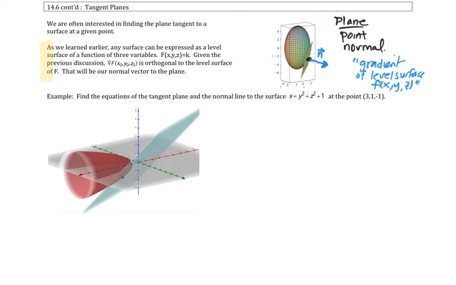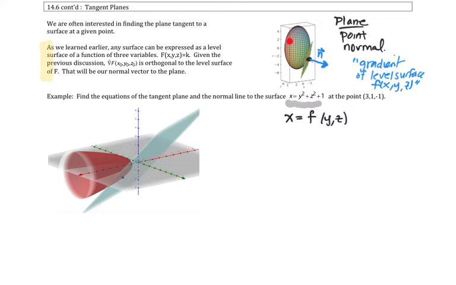Well, in this example here, for instance, this is really not a function of 3 variables. It's an equation in 3 variables, but it really is x as some function of y and z. When you have an equation in 3 variables, it's really one variable is a function of the other 2. So it's a function in 2 variables. All right?